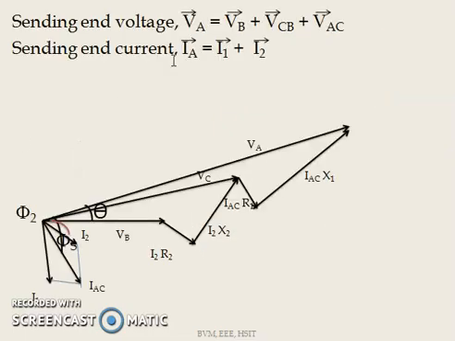So the same thing I have written here: the sending end voltage is the vector sum of VB, the receiving end voltage, plus the voltage drop in section VCB plus the voltage drop in section VAC.